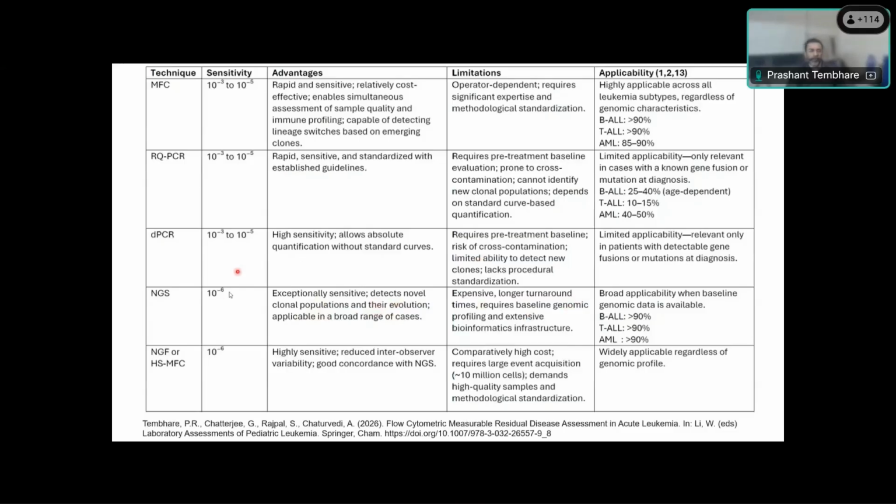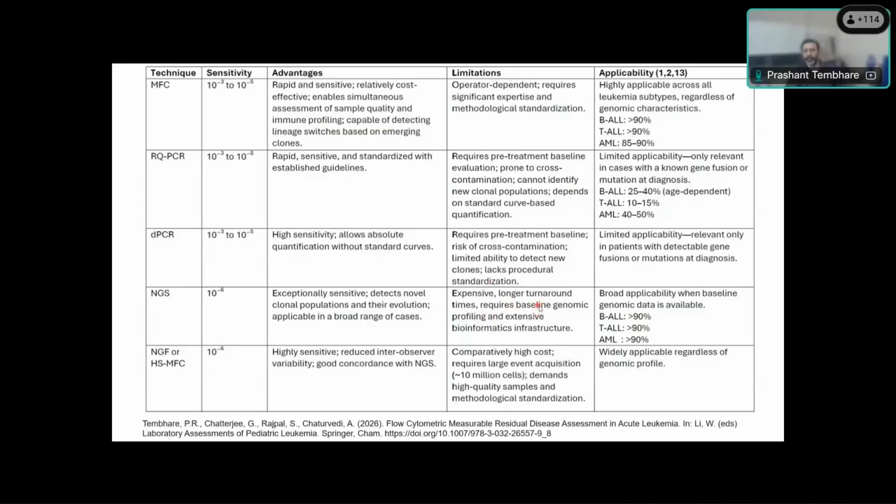But the problem is that to go to this depth of sensitivity, you need to restrict the panel to certain genetic targets, and thereby it becomes very expensive. It has a higher turnaround time. At present, it takes approximately 3 weeks to give the data.